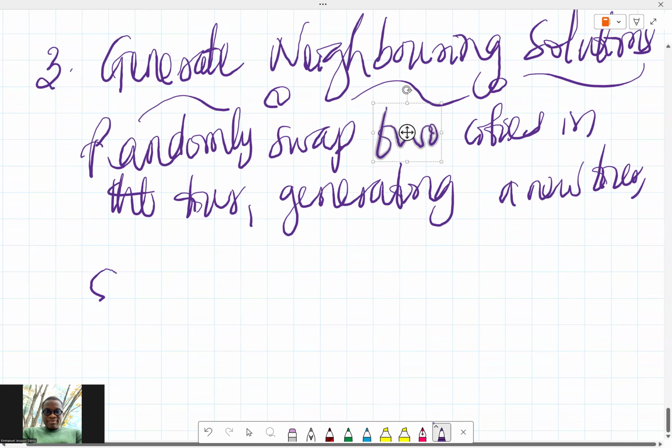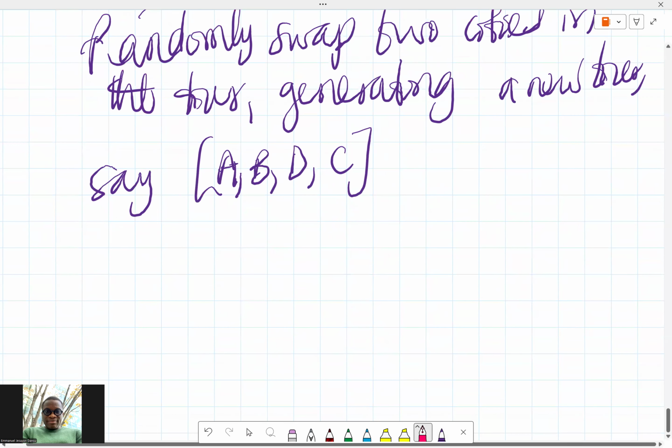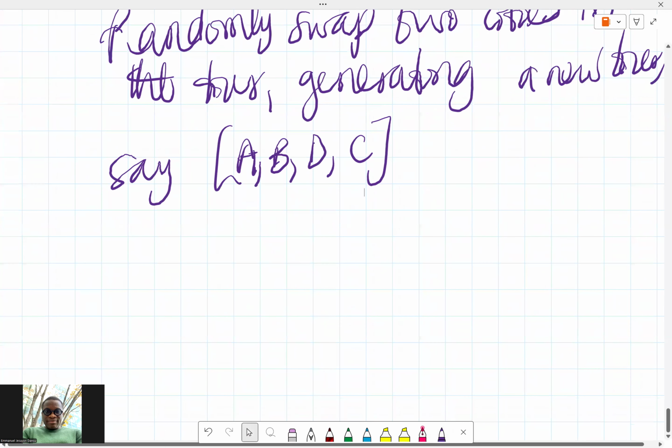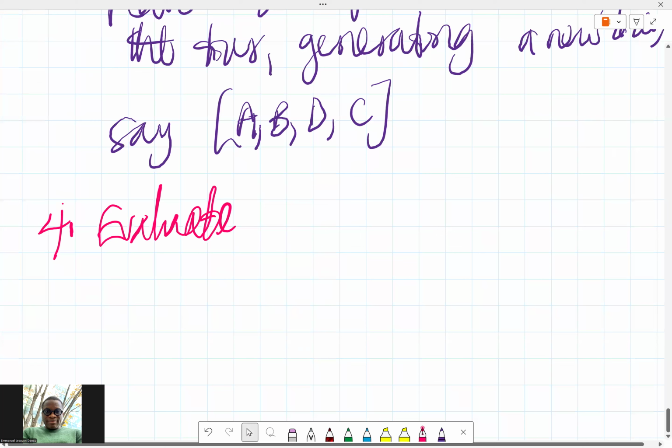Say, instead of A, B, C, D, you now have A, B, D, C. That's a new way to go. Then you check that out and see if it's a better option, distance-wise. So we have generated a neighboring solution, and you now evaluate the neighboring solution.